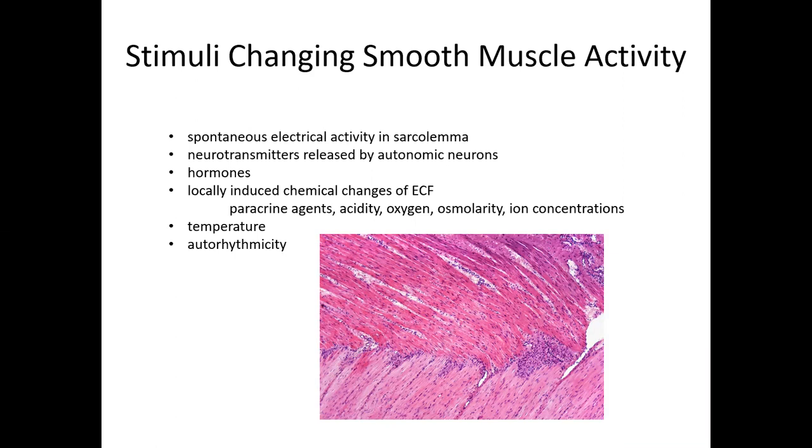There are a whole bunch of things, even changes in temperature, plus some smooth muscle has autorhythmicity. Okay? So it's much more complicated than skeletal muscle, and it's much more complicated than we are going to learn in this class. So just kind of stick with the single unit versus multi-unit concept.